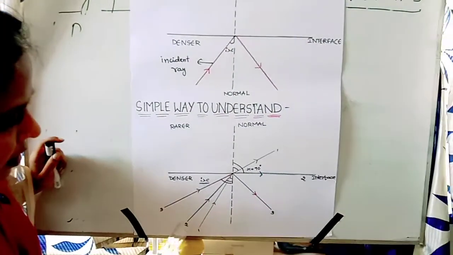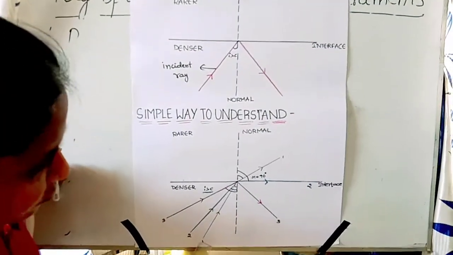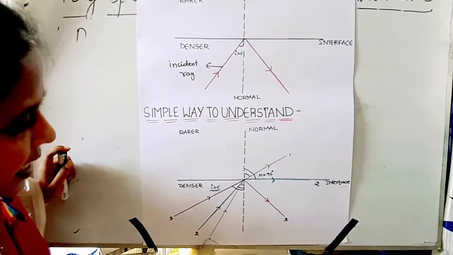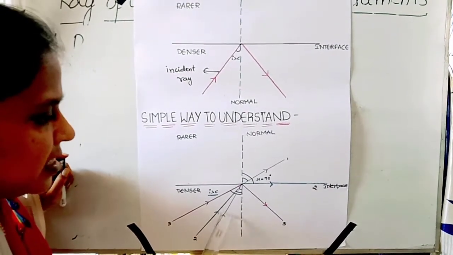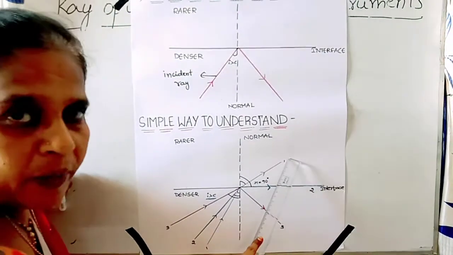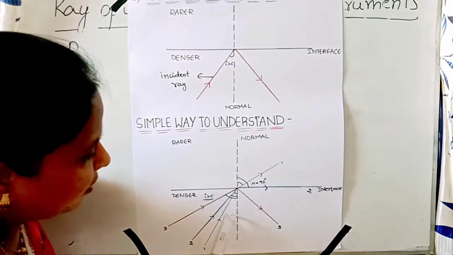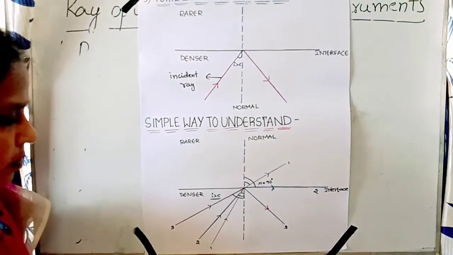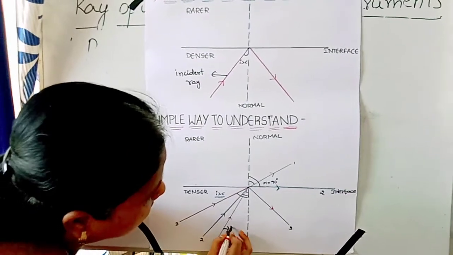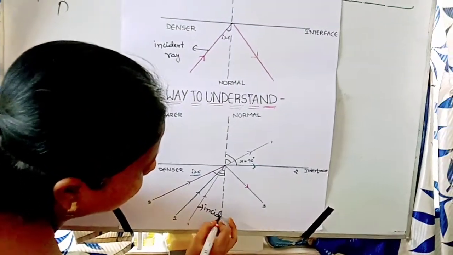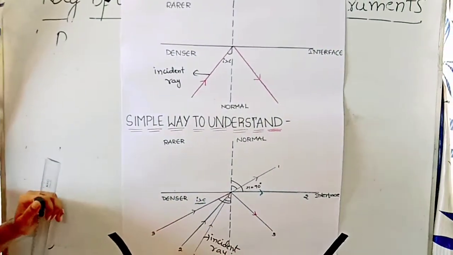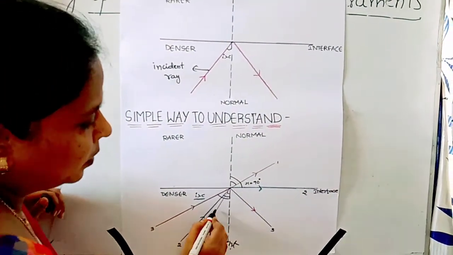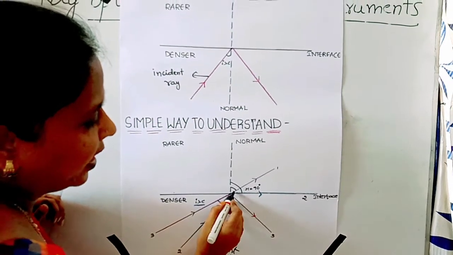At first, this is the first ray. The first ray travels from the denser medium to the rarer medium. This is the incident ray.